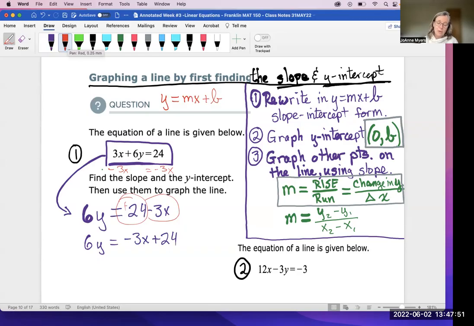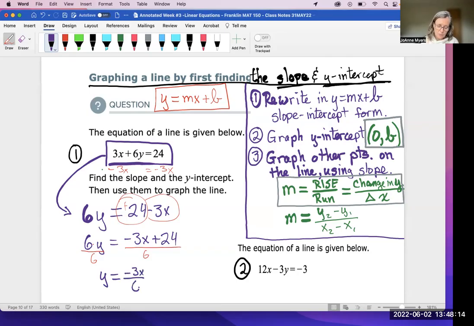All right, now to get my purple equation to look like this red y equals mx plus b slope intercept form, what's blocking my goal is that 6 times y. So I choose to divide both sides by 6. And I now have y is, this 6 has to divide each term.